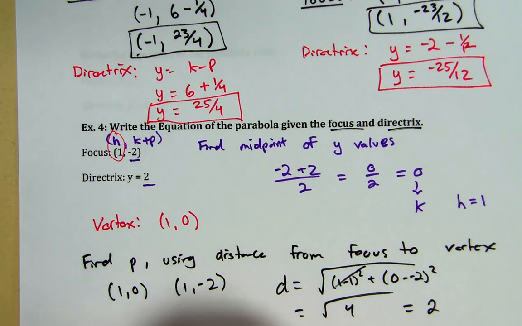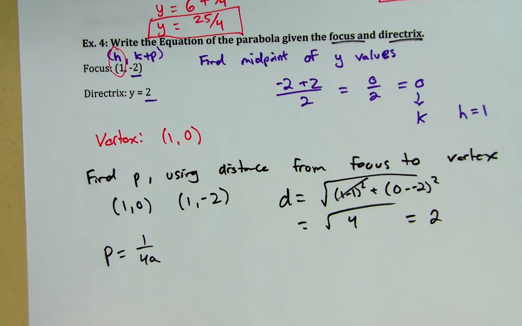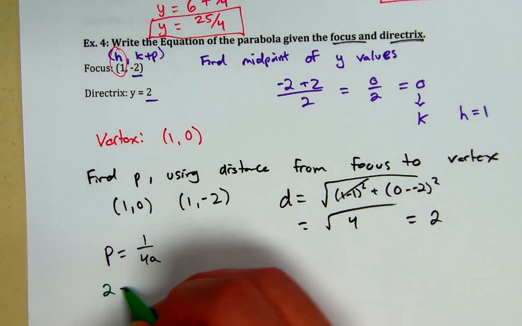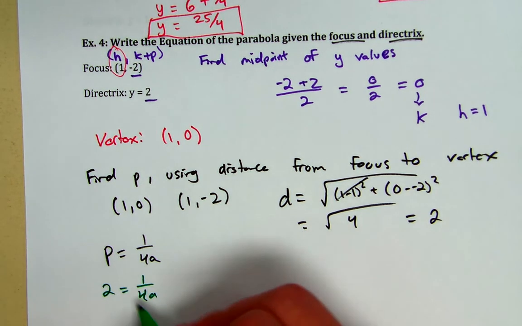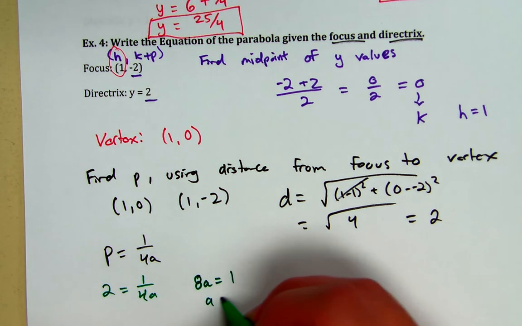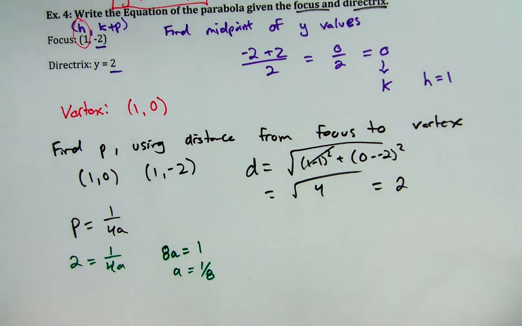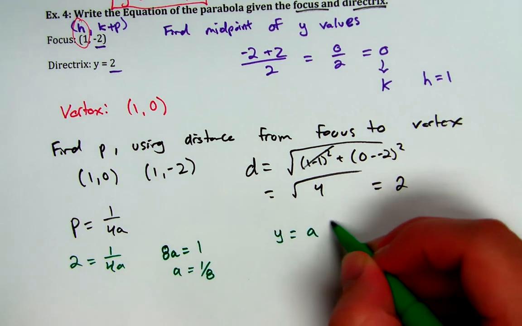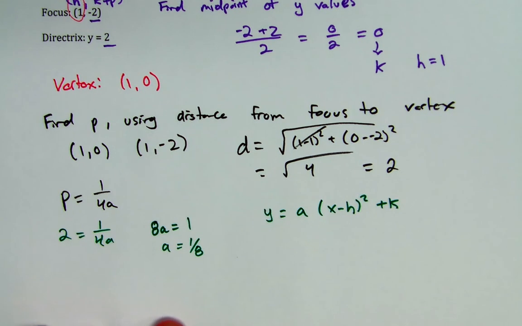So p equals 2. Now remember, p equals 1 over 4a, and we need to find a. That's our goal right now, so that we can write the equation. So p is 2, so 2 equals 1 over 4a. We get 8a equals 1, so a equals 1/8. Now, you want to take your y equals a times (x minus h) squared plus k and fill in the information.